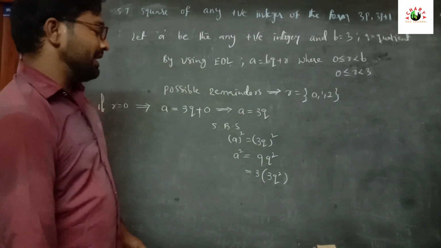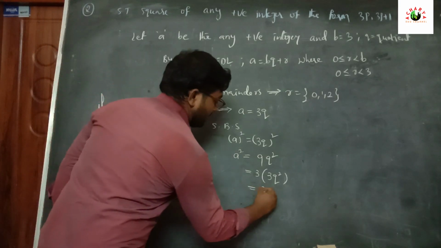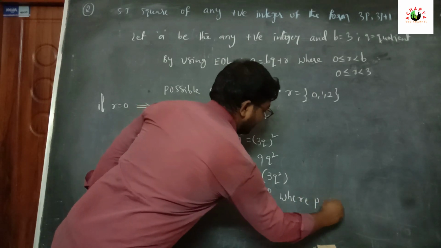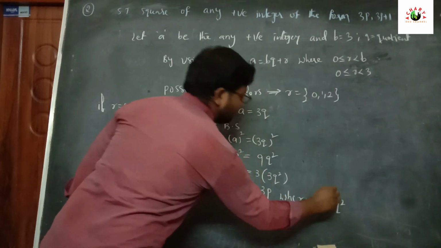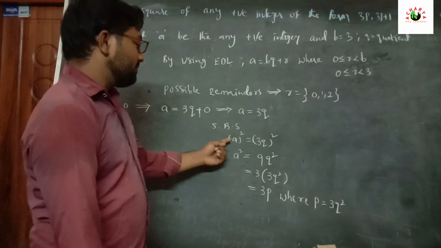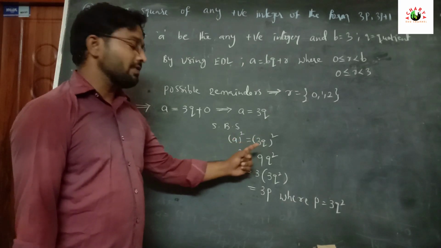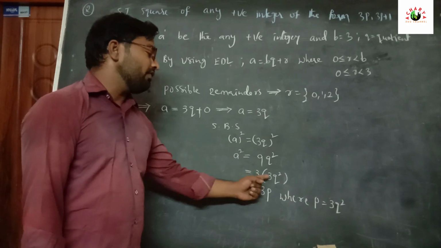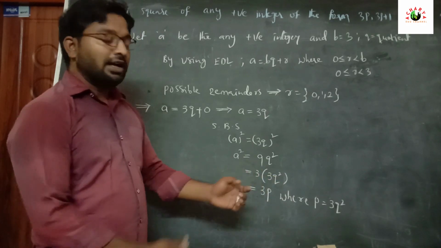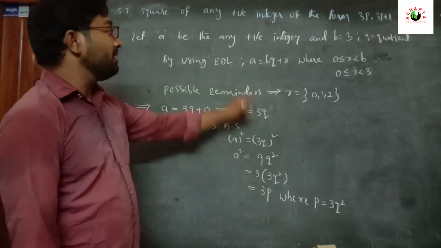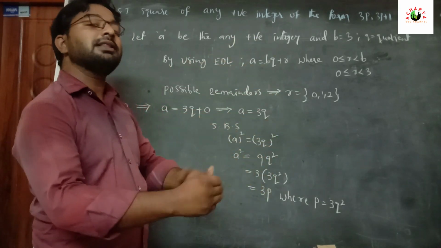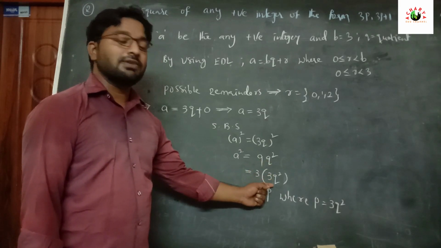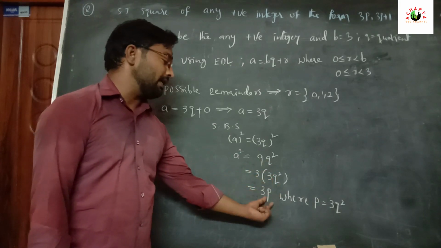So this is equal to 3p, where p = 3q². Why can we convert it into 3 of? Because it is given: show that it is of the form 3p and 3p + 1. So we take 3 common and the remaining is 3q². In the place of 3q², we can take p, where p = 3q².